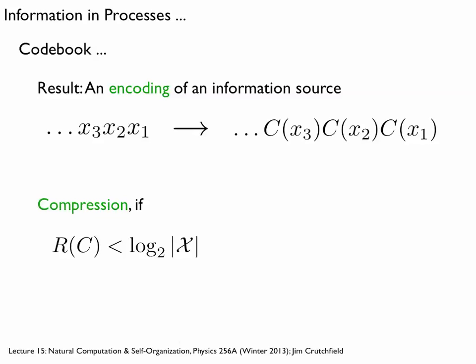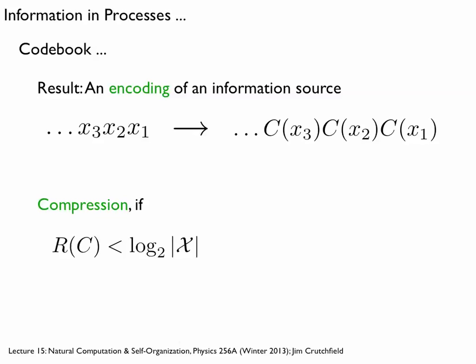Okay, so notice that if we had a certain size of message alphabet, say 26 letters, then if this average code rate was less than that, we'd actually achieve some level of compression. And we can just send the raw messages and give them unique fixed length blocks, binary words, but then we wouldn't have compressed anything.